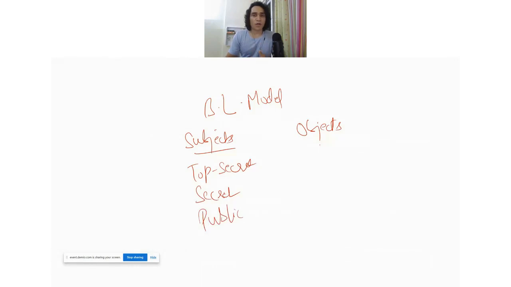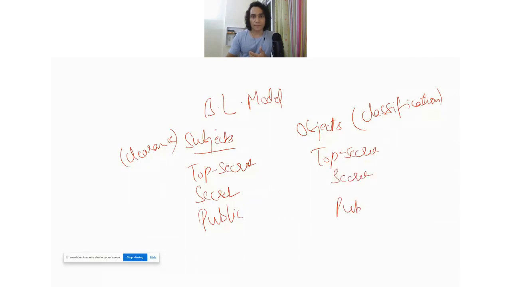Similarly, objects have got classifications. Subjects have got clearance levels, and objects have got classification levels or labels. It's one and the same thing. So objects also have top secret, secret, and public.